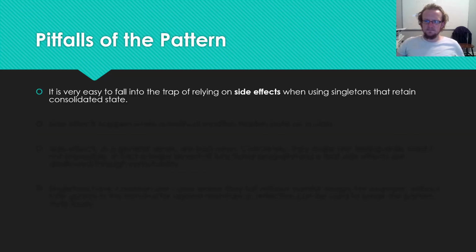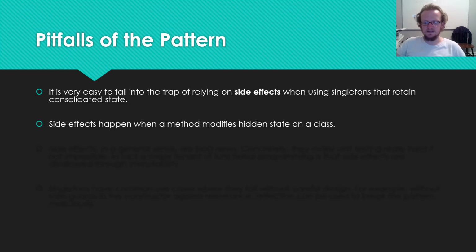So before we go to the code, I want to talk a little bit about pitfalls. You might or might not have heard about the concept of a side effect. I think this is really important from an architecture perspective and from a software engineering perspective in general. What a side effect means is, let's say that you pass in some parameters to a method. That method modifies internal state on an object and then does not return that internal state to the caller.